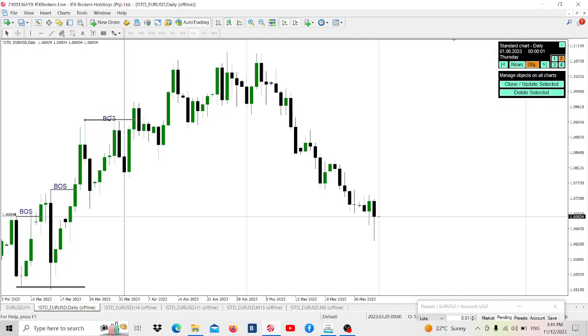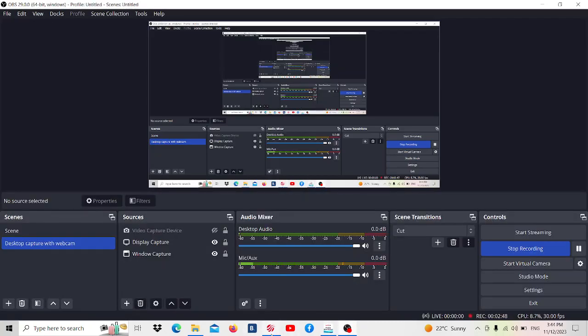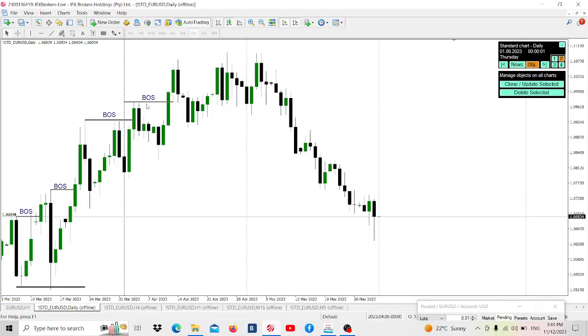We had a break of structure over here, followed by another break of structure. We had another break of structure over here, and another break of structure over here.